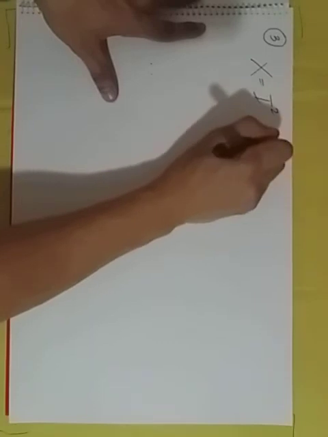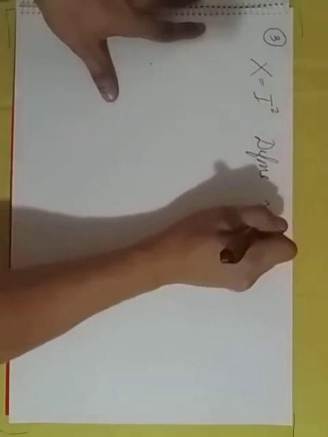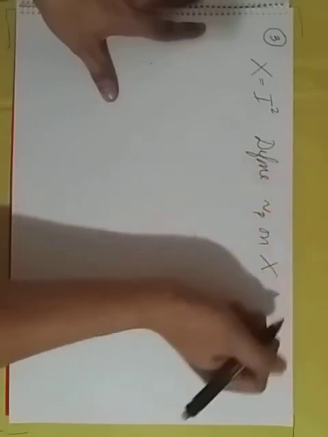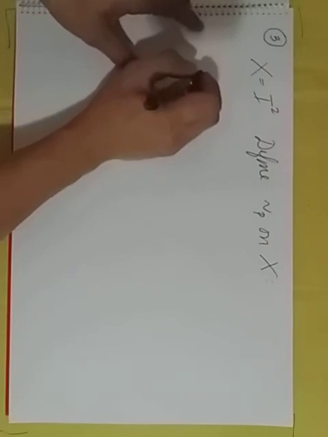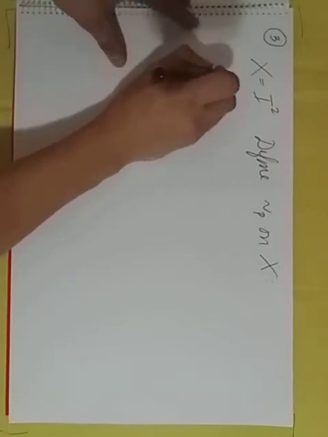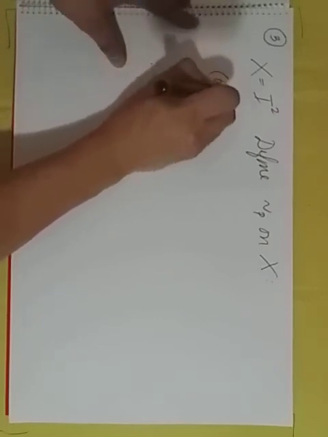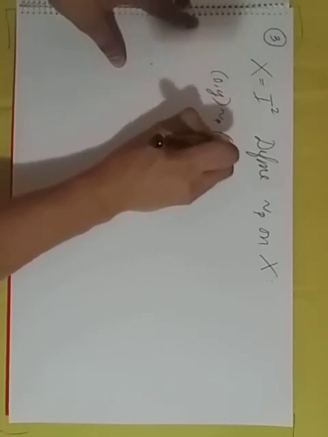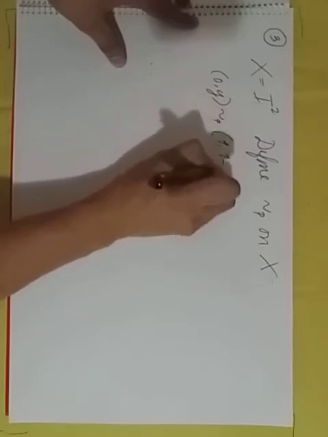For our third example, so again, X is I squared. And now let's define tilde sub p on X as follows. So in this case, (0,y) will be equivalent to (1,1-y).